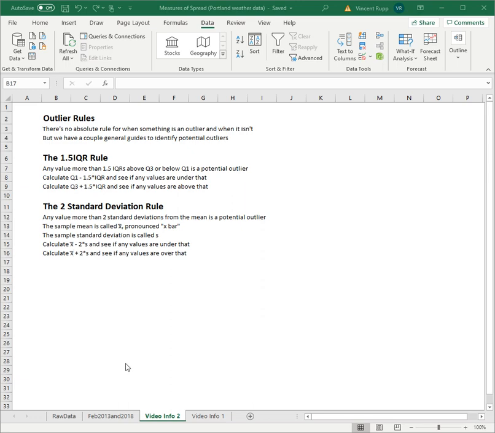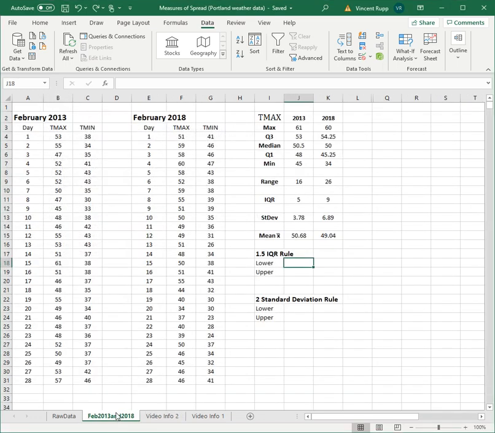So let's just go back to this data we saw before, our February data, and calculate this rule, because we already have all the numbers here. For the 1.5 IQR rule, to look at that lower bound, we'll just do Q1 minus 1.5 times, and then we select our IQR. We get 40.5.